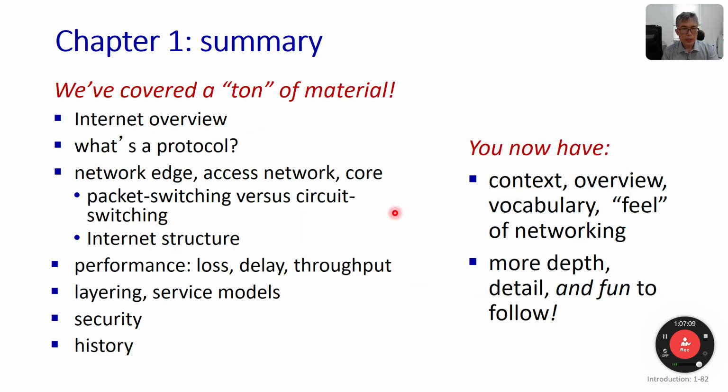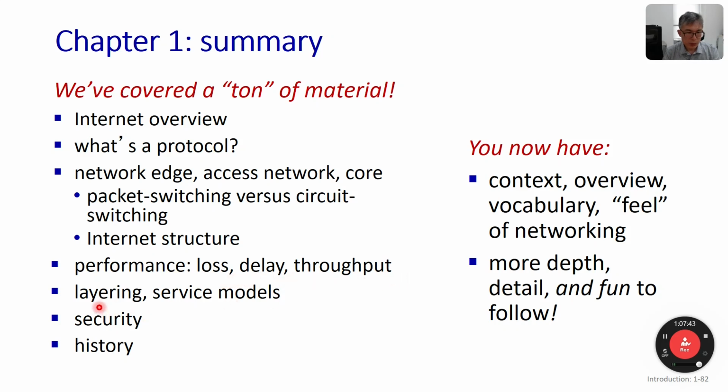Let me summarize chapter 1, today's class. We've covered a ton of material: internet overview, what a protocol is. Also, we looked at network components like the network edge, access network, and core network. Also, we saw the comparison between packet switching and circuit switching, and internet structure. Also, we saw performance metrics such as loss, delay, and throughput.